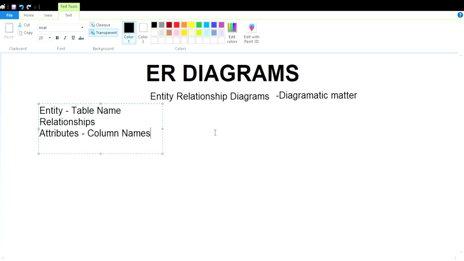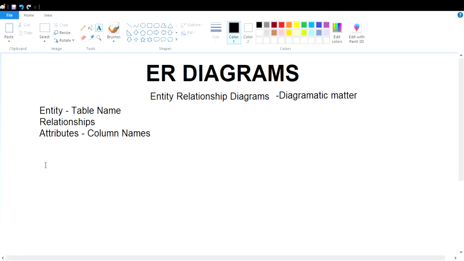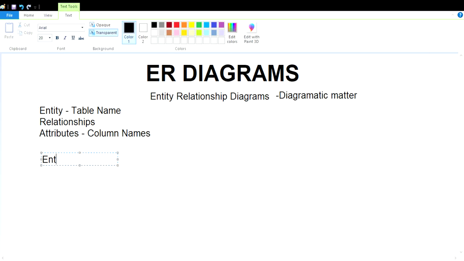First of all we will see entity. How many types of entities are there? There are two types of entities: weak entity and strong entity.